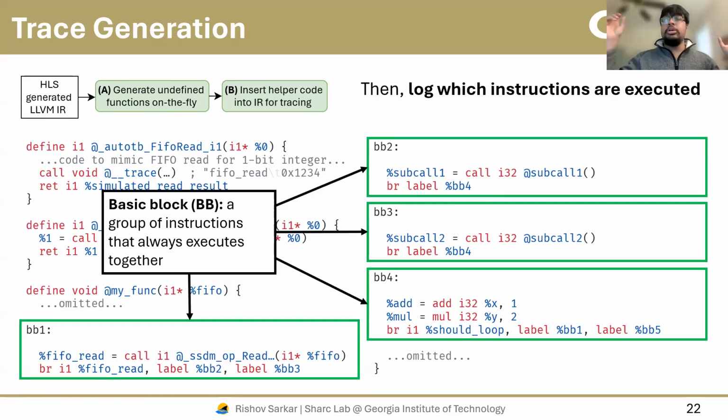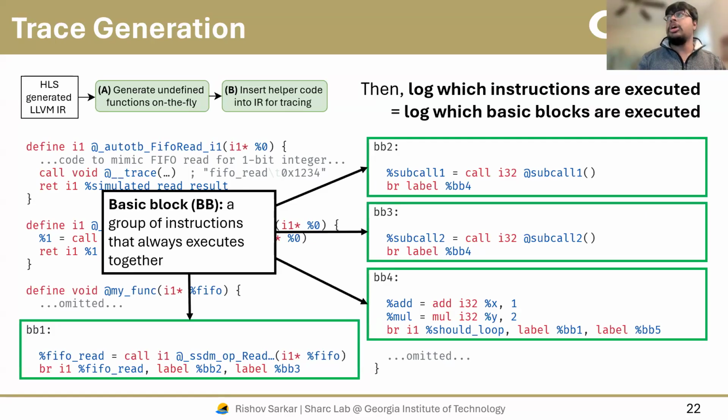If you wanted to jump out in the middle, that would generate a new basic block. So basic blocks, by definition, always execute together. In order to log which instructions are executed, we only need to log which basic blocks are executed, because if a basic block executes, then all of the instructions inside of it are going to execute.